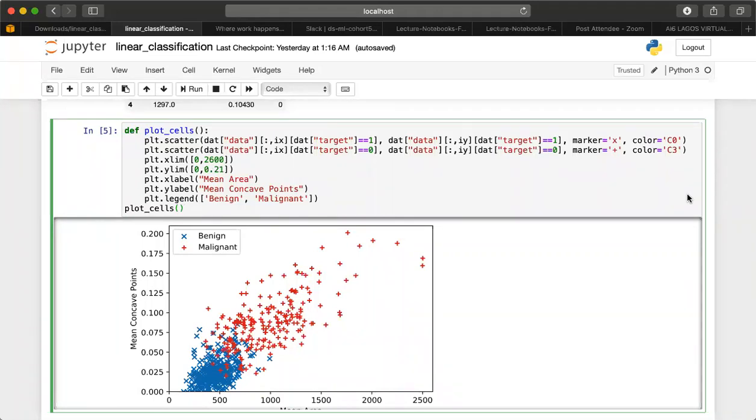And my answer would be no. The reason is, if you look at the graph that we have now, the blue, the benign data, is clearly different from the ones that we have in red. So there's no way you can draw a line of best fit diagonally like we did with the linear regression. So what we will do here is we would have to separate. There will be a line that will separate.